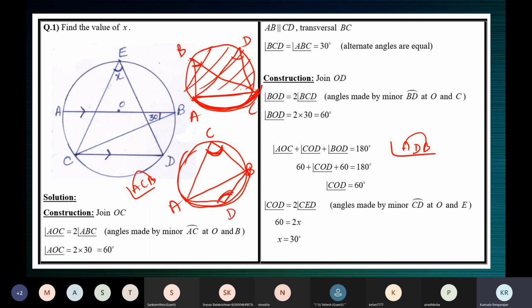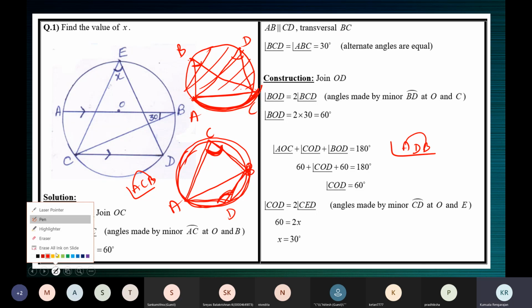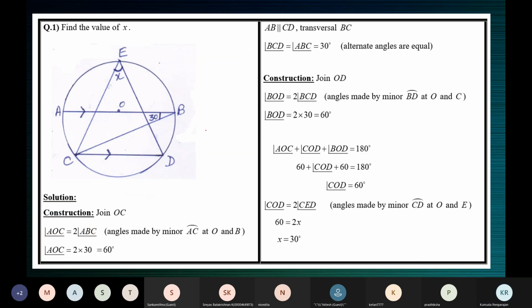This angle ADB is made by the major arc AB. This angle ACB is made by the minor arc AB. When you take the figure separately, you can make out. I'll just show it again.